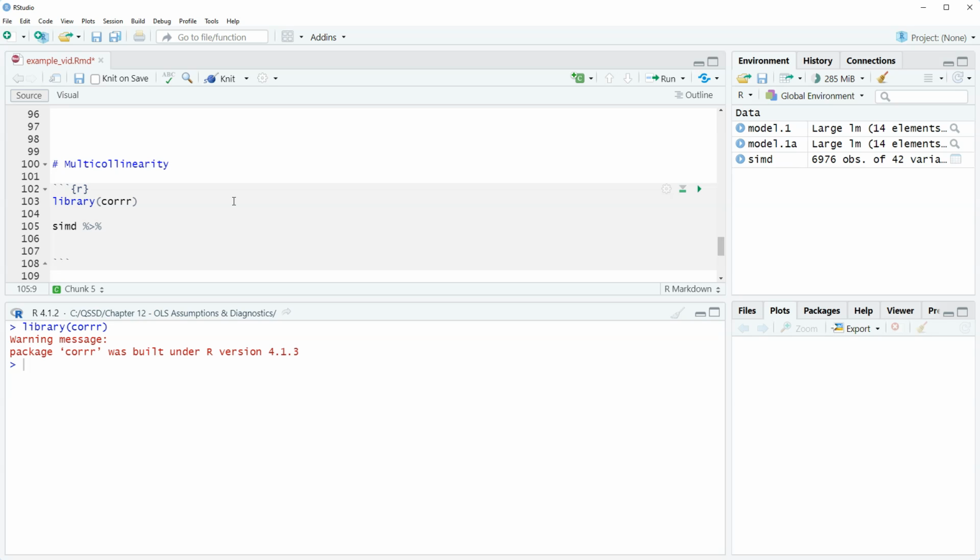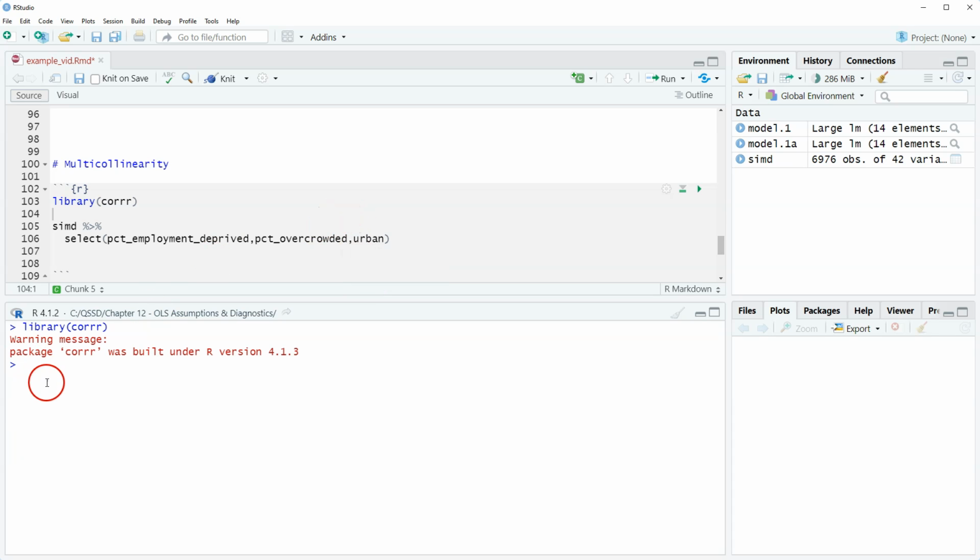We're going to do SIMD and then the select function. Again, that's like subsetting or choosing or selecting our variables. So we're going to do employment deprived, % overcrowded, and then we're actually going to use urban, not urban factor, because I think we'll get an error. Let's double check.